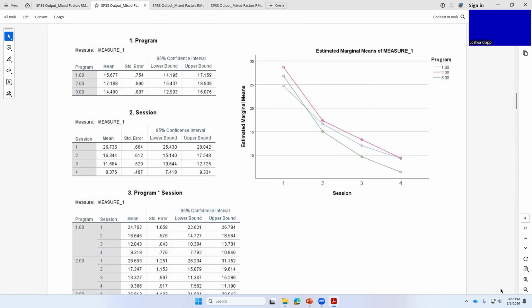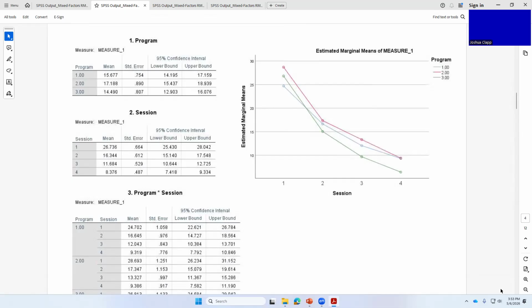Okay, then we have our estimated means for session. Okay, this is useful, right? This is the conditional effect of our repeated measure, saying that collapsing across groups, here's the mean at time 1, mean at time 2, mean at time 3, mean at time 4.